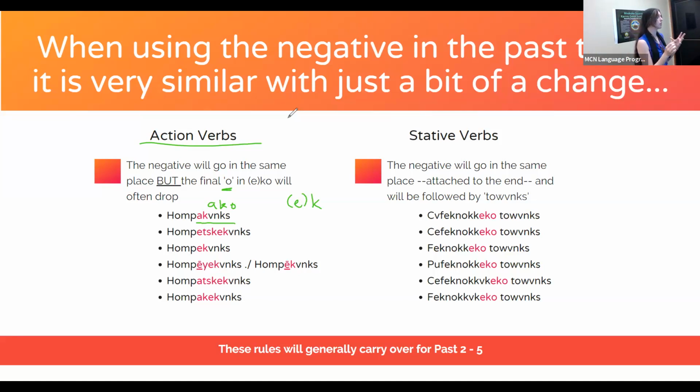So usually one drops. In this case, the O drops. Since each one is adding unk, and this V is a very important vowel to show the time, the O goes away. So it becomes hombagunks, not hombagounks.